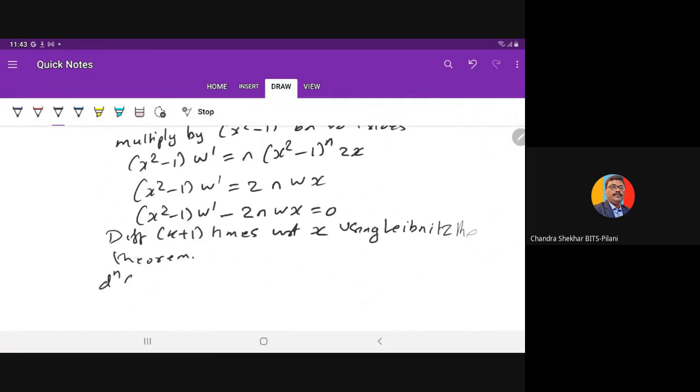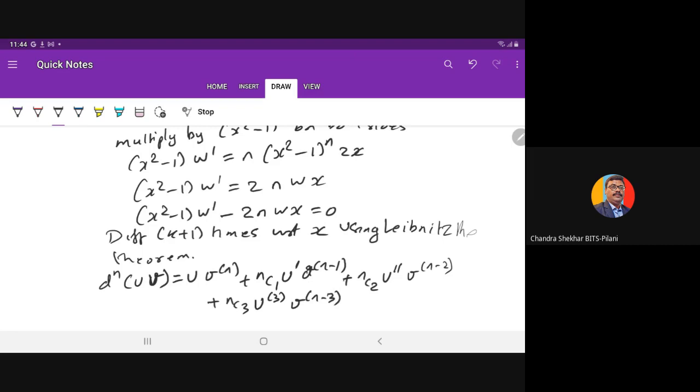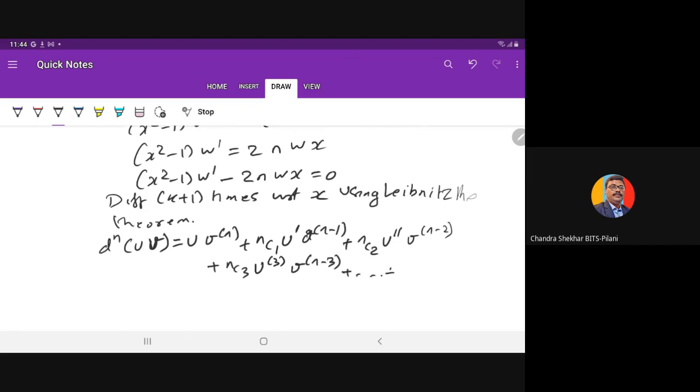the nth derivative of uv is equal to u times the nth derivative of v, plus nC1 first derivative of u times the n minus 1th derivative of v, plus nC2 second derivative of u and n minus 2th derivative of v, plus nC3 third derivative of u and n minus 3th derivative of v, and so on.